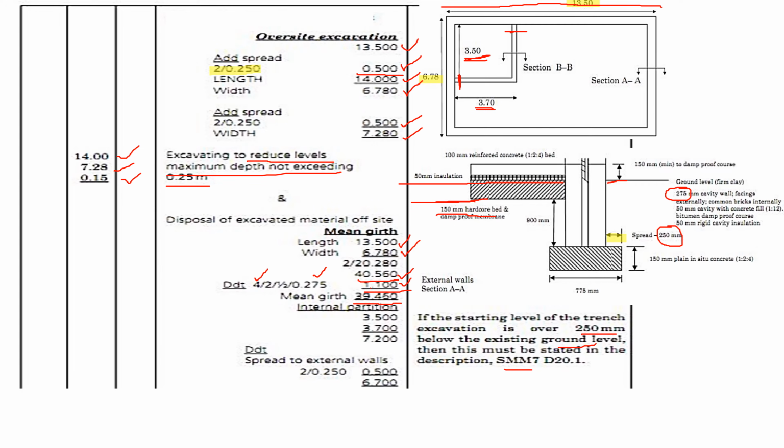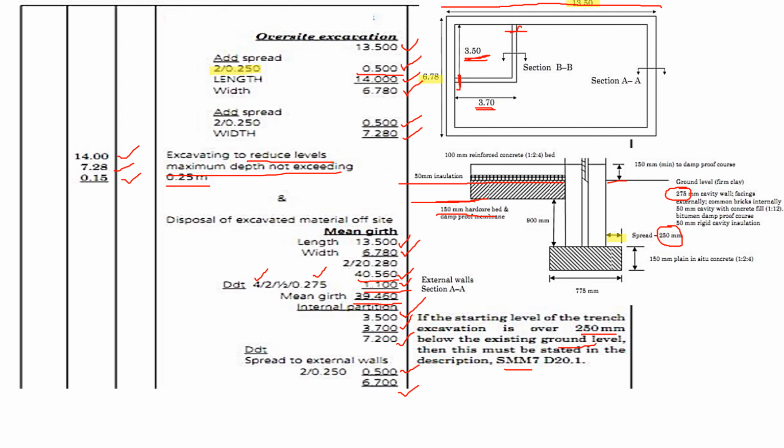So if it spreads 250 here and 250 here, what will be the length of the internal wall? It shall be 3.70 plus 3.5, we get 7.2. Then we deduct 0.25 multiplied by 2, 0.5. We shall get 6.7. So that will be the mean girth for the internal wall.